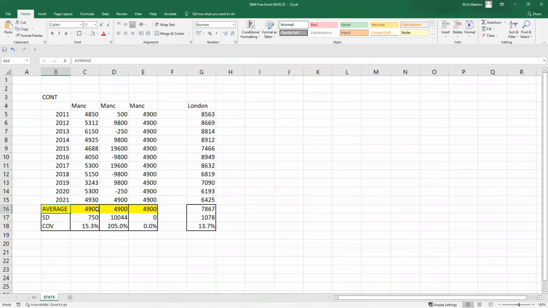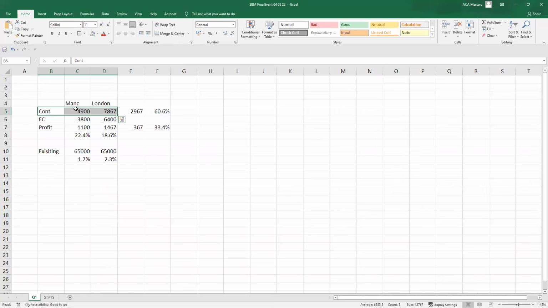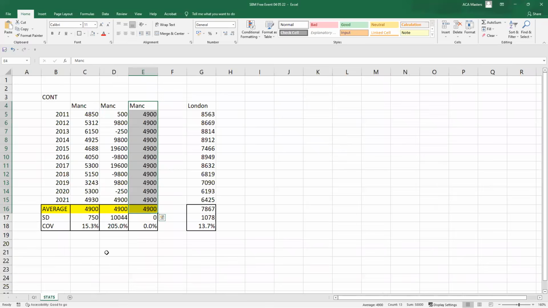Now, the issue with the average is you could get this average for a lot of different data sets. To give you one extreme, if every retailer every year made 4.9 million, then clearly we'd be quite confident that this is what the store would make. Whereas you could also get to this average if these were the profits: very low profit, quite a high profit, then a loss, then a really high profit, then another loss, negative contribution.